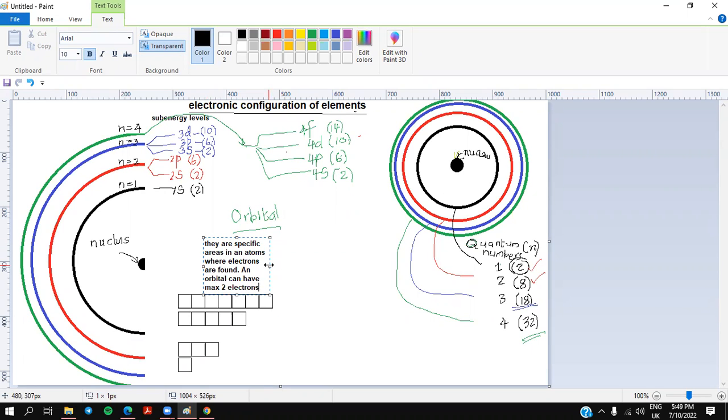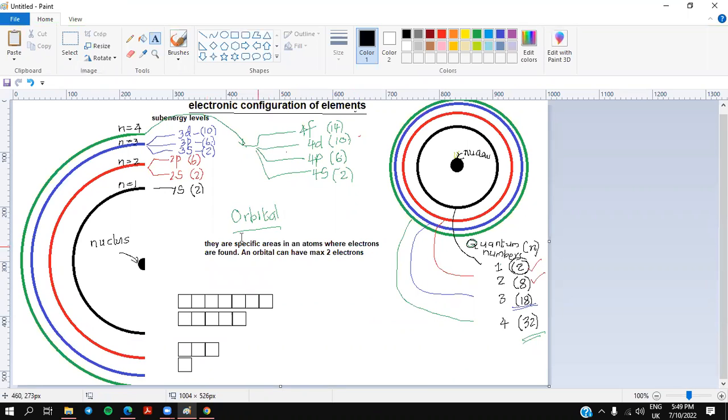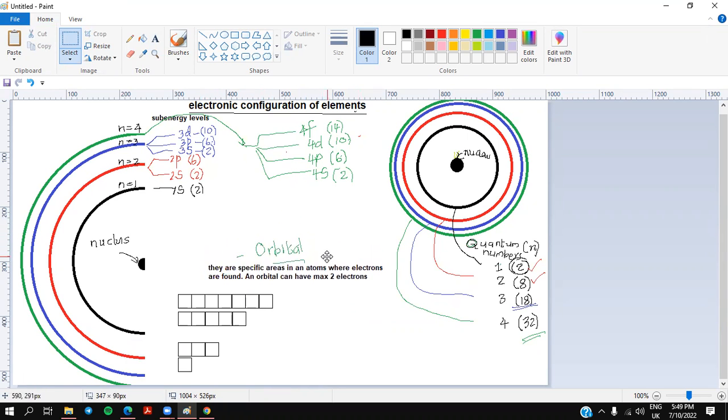So based on this information, electrons are actually arranged or organized in something called orbitals. These orbitals are the areas where electrons are found. And one orbital can have maximum 2 electrons, not more than 2 electrons.